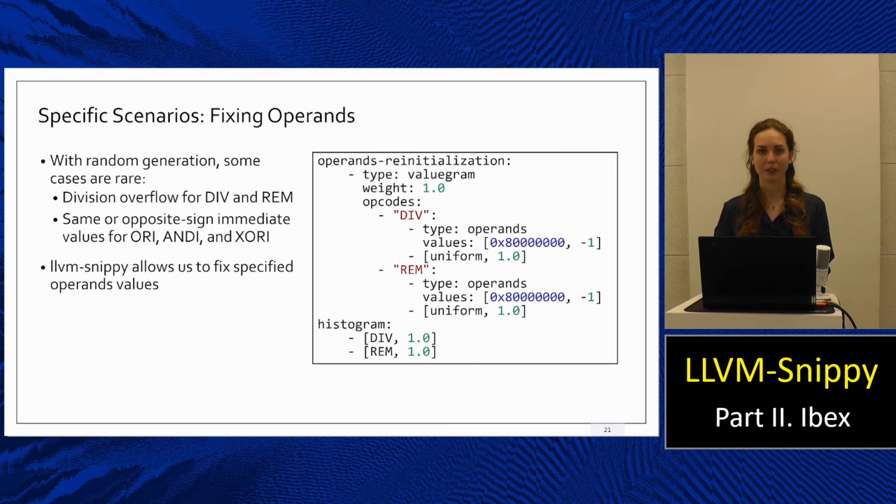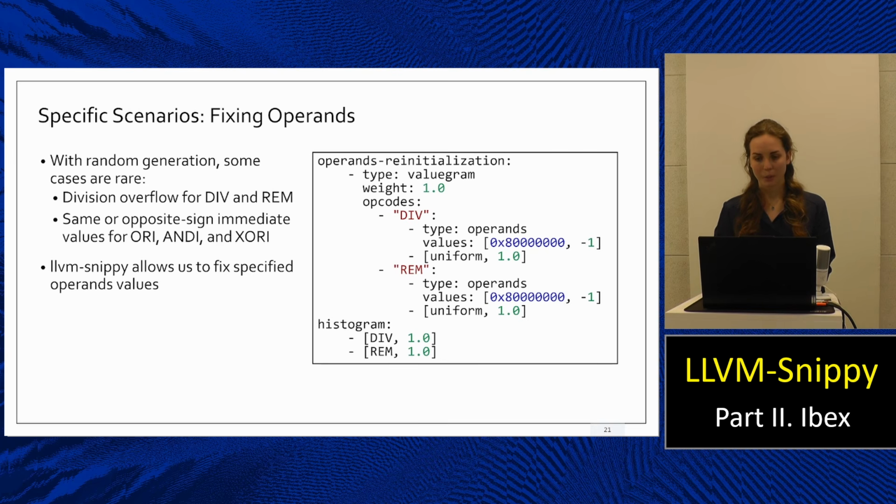Instead of just expanding the histogram, we fix the needed values, registers, and generation conditions. Let's start with overflow for DIV and REM. It requires specific operands. Relying on a random seed to hit this combination is not practical. Basic binary logic instructions have a similar issue.